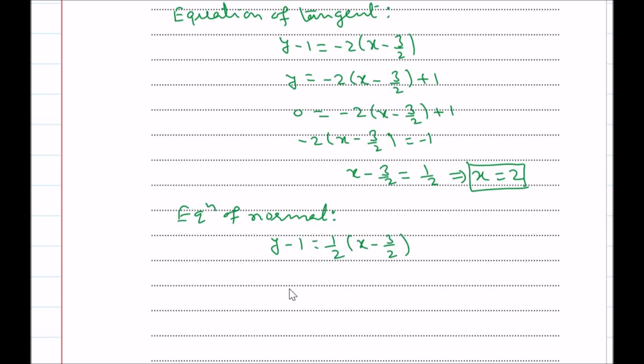Now put y equal to 0. So we have 0 minus 1 equal to 1 by 2 into x minus 3 by 2.